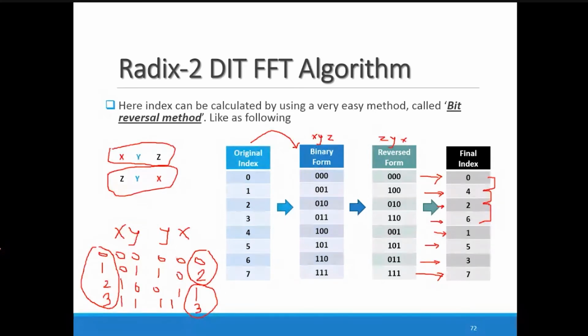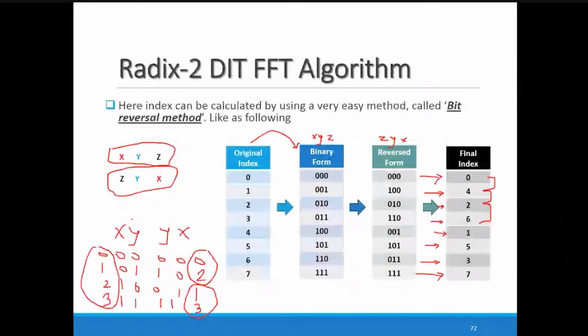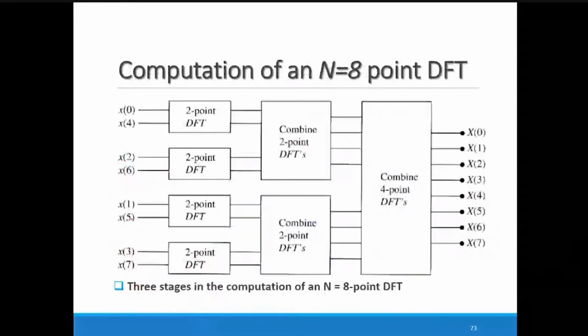Now here I'm showing the diagram for the computation of n is equal to 8 point DFT. As we have seen, to obtain this sequence, there are three stages in the computation: first is 2 point DFT, then combine 2 point DFTs, then combine 4 point DFTs. Initially, remember this sequence: 0 4 2 6 1 5 3 7. So 0 4 is first, second is 2 6, then 1 5, and then 3 7.